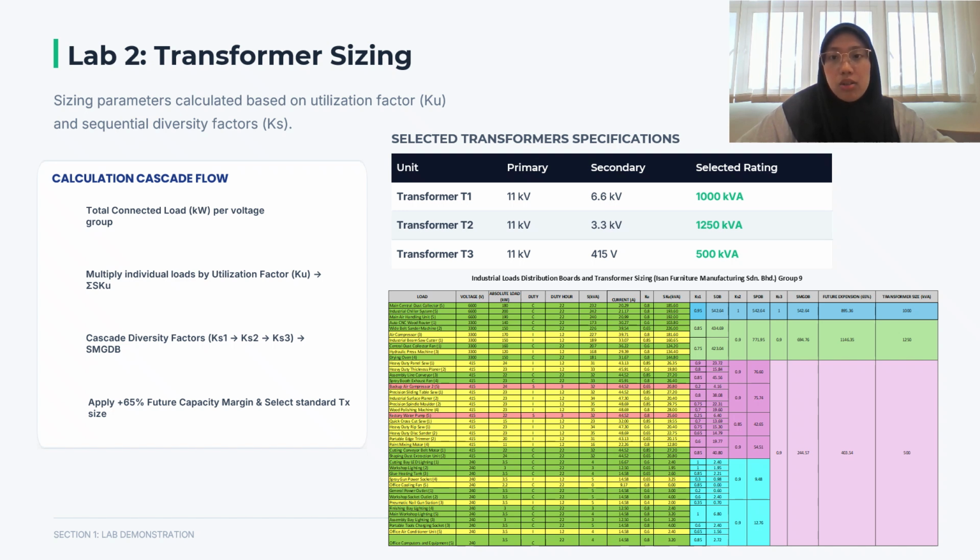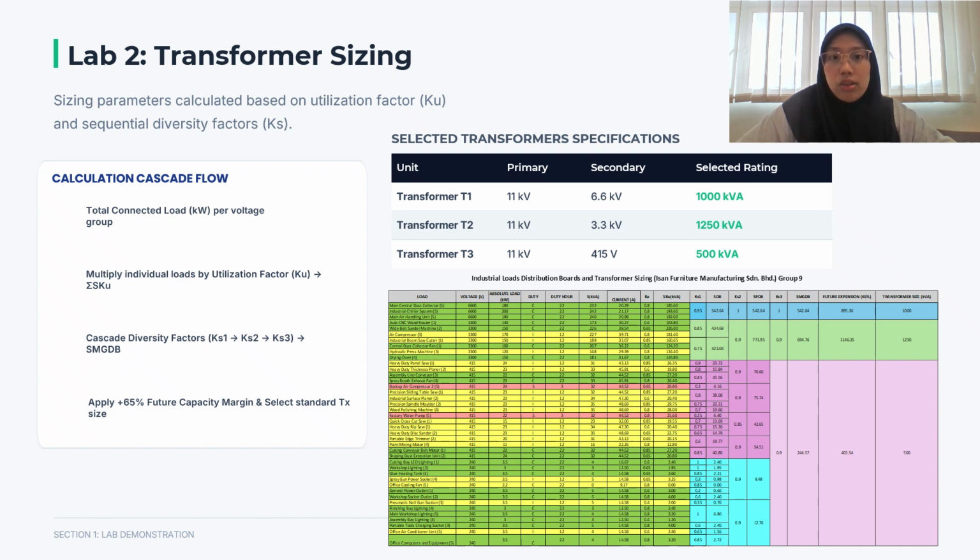For the 6.6 kilovolt load, the calculated total was 571 kVA. After applying all diversity factors and future expansions, we selected a 1000 kVA transformer. For the 3.3 kV load, the total was 1075 kVA.